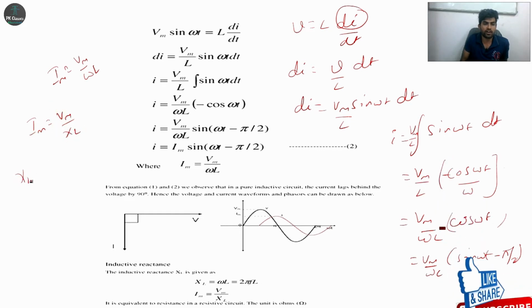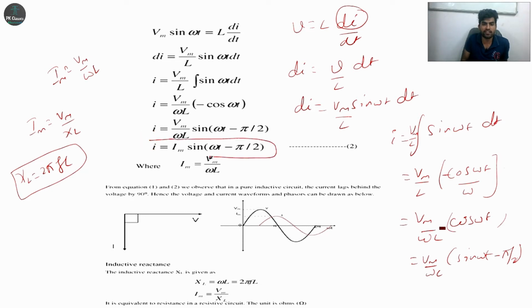XL is equal to what? 2 pi f L, the inductive reactance. Right. So we can write i is equal to Im sin(omega t minus pi by 2). I just substitute here, Vm by omega L is Im. Okay, so this is the equation of current.